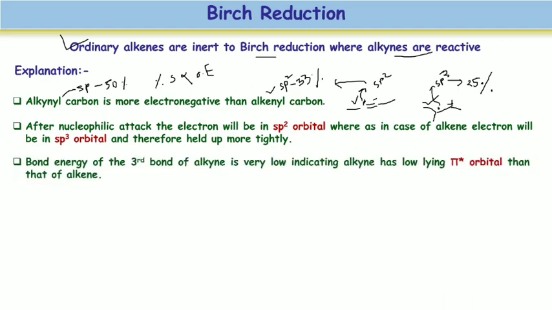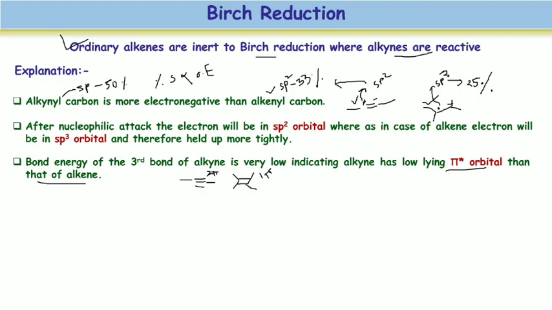And in the third point, the bond energy of the third bond of alkyne is very low, indicating alkyne has a low-lying pi star orbital compared to that of an alkene. So normally if you look at the alkyne, we have 2 pi bonds, but in case of an alkene we have 1 pi bond.